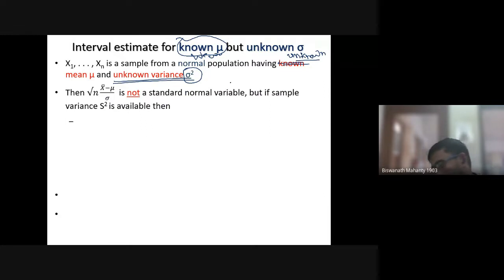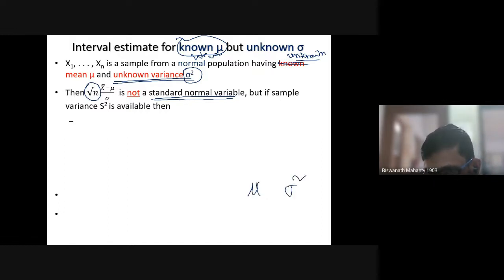Then what will happen? If sigma square is not known, then root n times x bar minus mu by sigma, will it become a standard normal? No. Try to understand. Standard normal is only possible when I know that there is a normal distribution whose mean is mu and variance is sigma square.